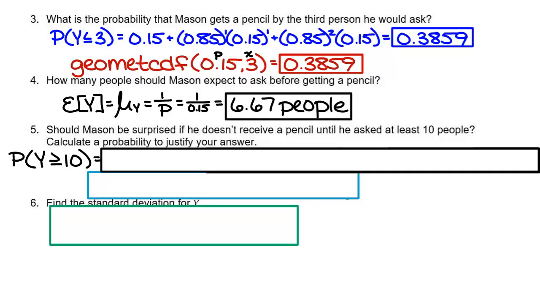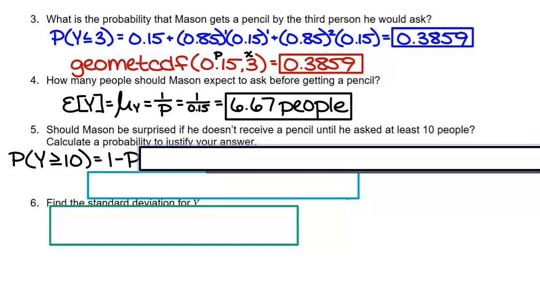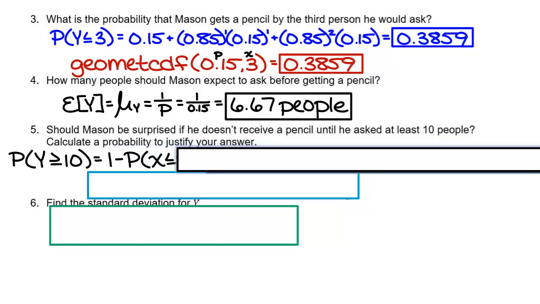We do 1 minus the probability that X is less than or equal to what? I want the or equal to go with the greater than, right? What would be the opposite of 10 or more? 9 or less. The opposite of 10 or more would be 9 or less. So the probability that X is less than or equal to 9.